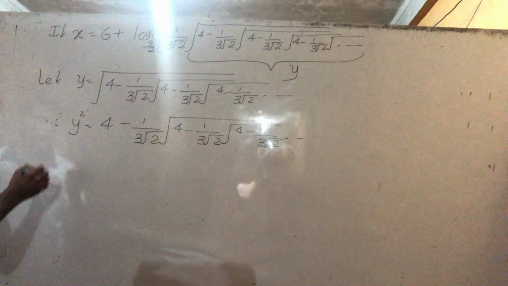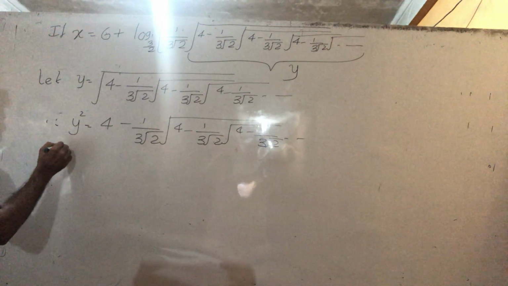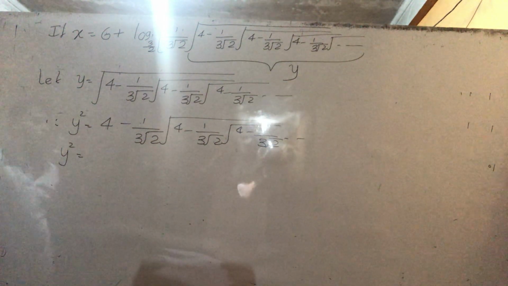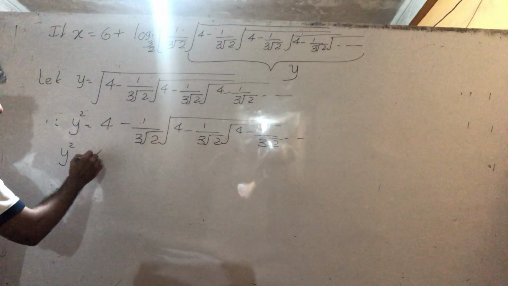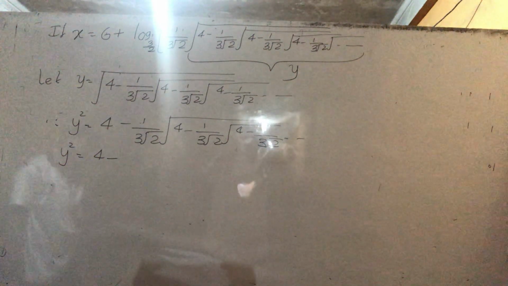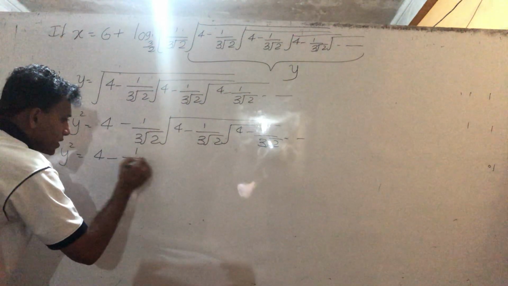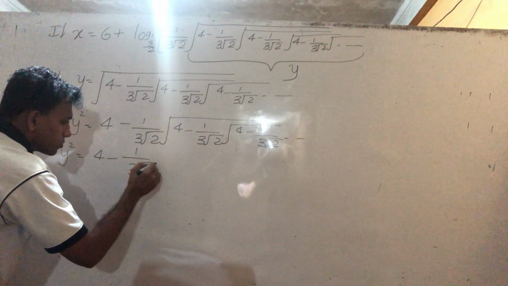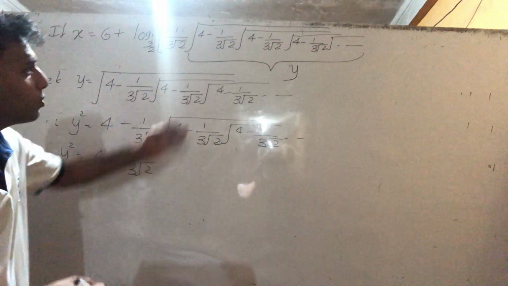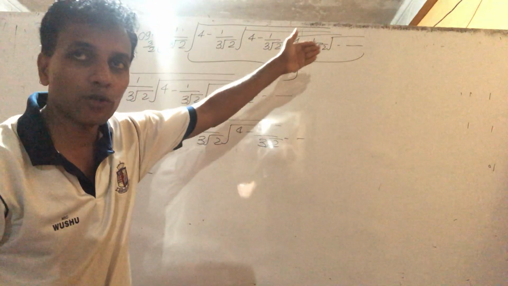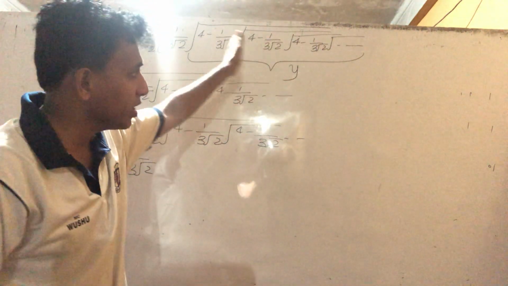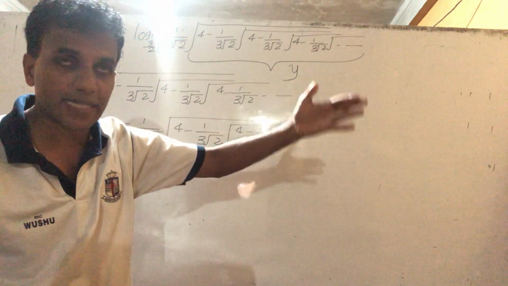So y square equals 4 minus 1 over 3 root 2. How many times does this extend? Infinity, right? Billions of times the roots extend.